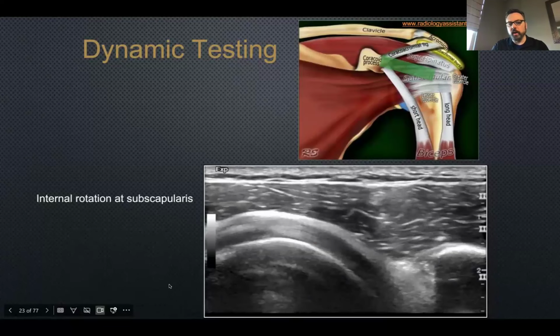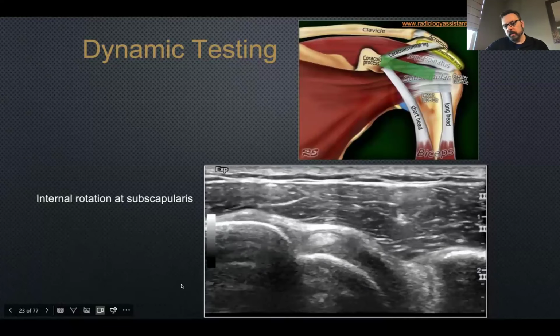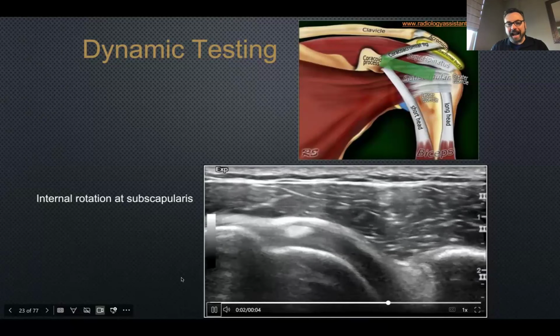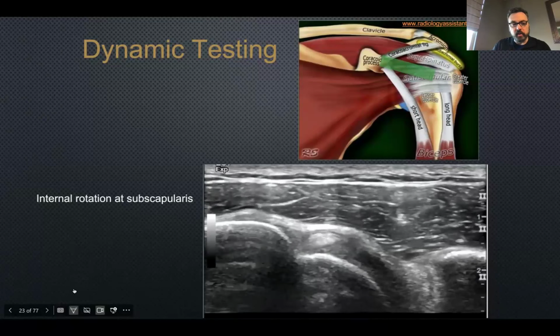That is showing you what it looks like when you're internally rotating at the glenohumeral joint, allowing for complete evaluation of that subscapularis tendon. What is pulled into view at the very end is the biceps tendon right there. This is the distal aspect of the subscapularis tendon coming into the biceps tendon, and then we see this portion of the long head of the biceps tendon as it goes through the bicipital groove, and you see that overlying retinaculum right there.